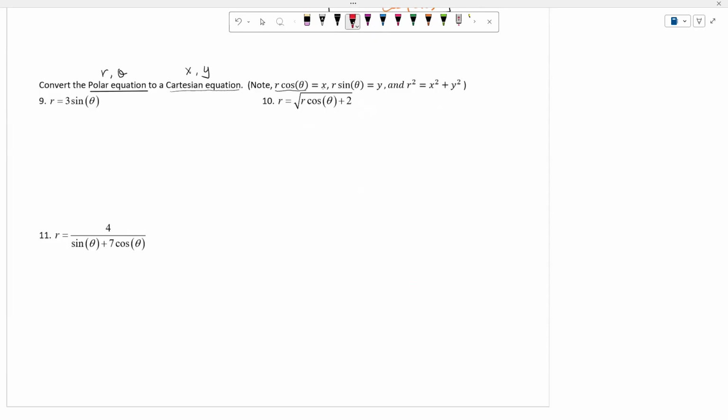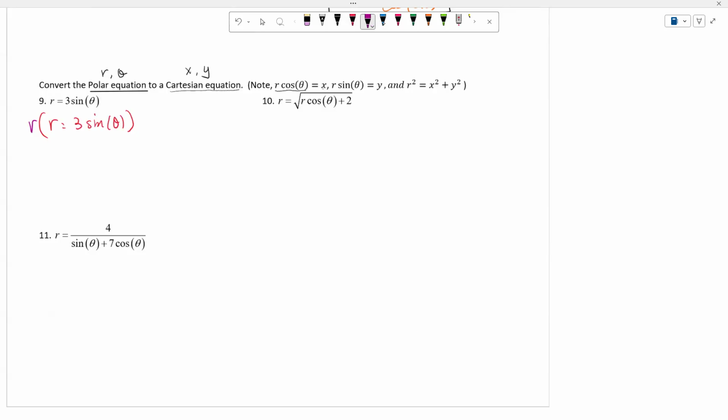For the first one, we only have r equal to 3 times sine of theta. What if I multiply this equation by r?